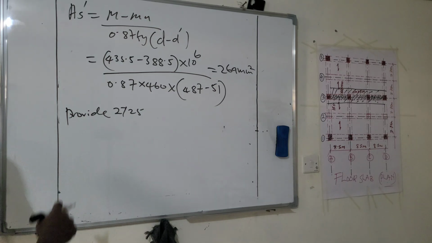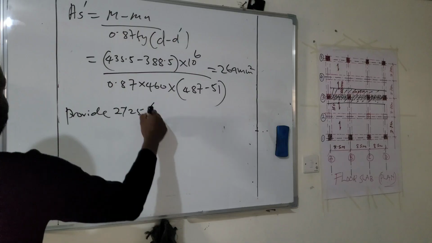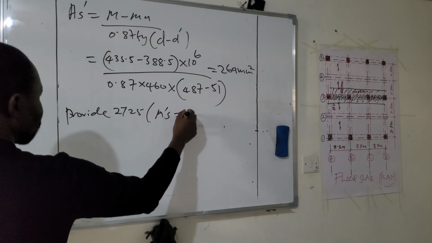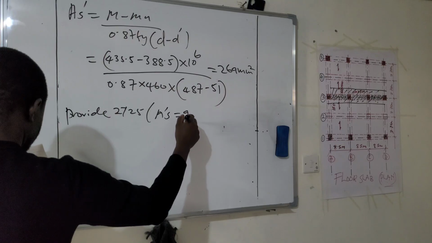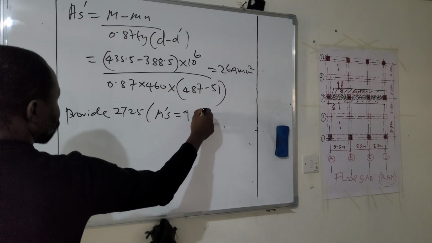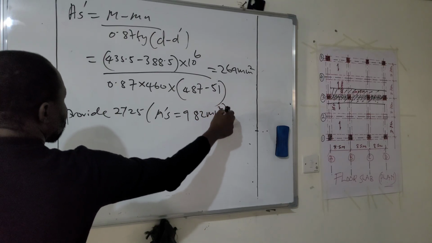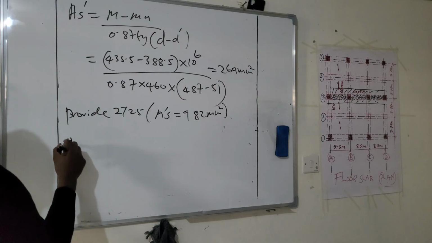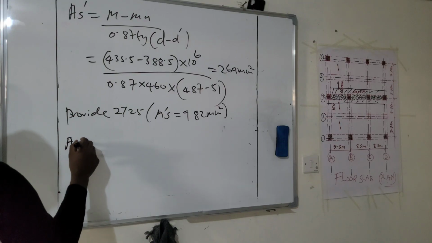So 2Y25, the area of compression steel is equal to 982 millimeter square.